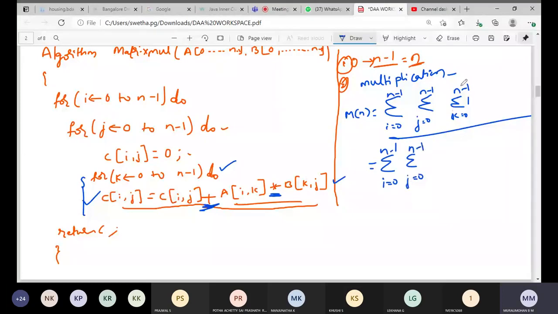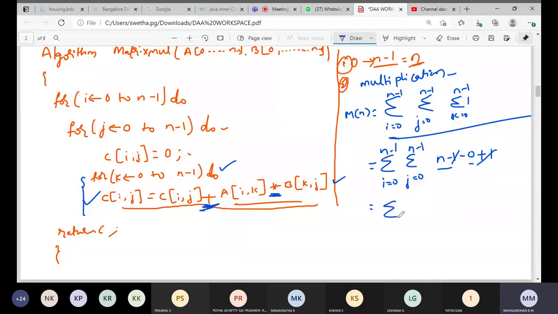Now we first simplify the k term. Upper limit n minus 1 minus lower limit 0 plus 1, so minus 1 plus 1, and we are left with only n.